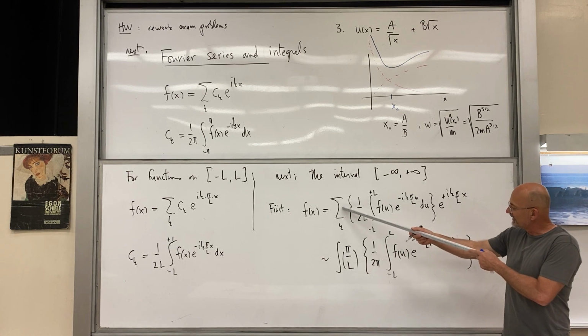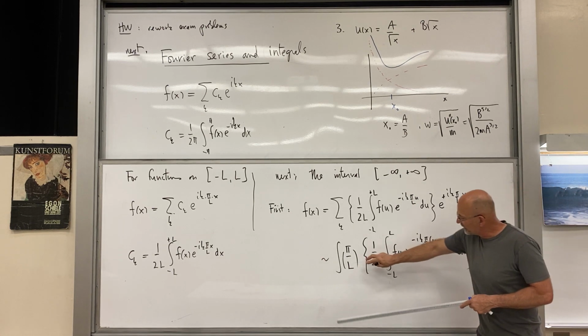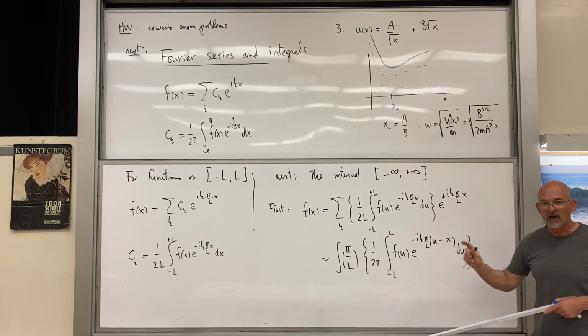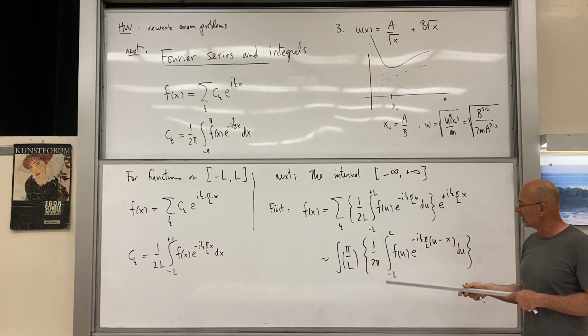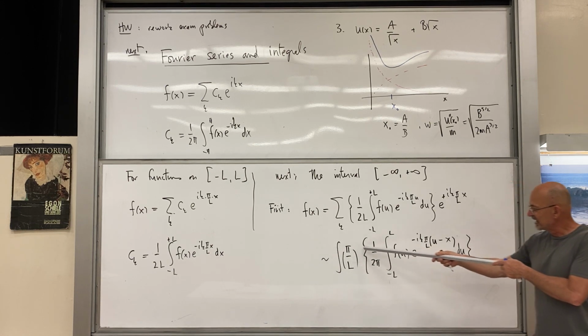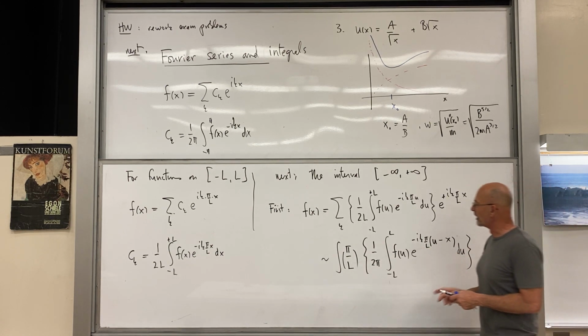So this is really that sum here, but you can see when the L gets large enough, this pi over L gets small. That's going to be our new infinitesimal for the integration. So let's keep going.